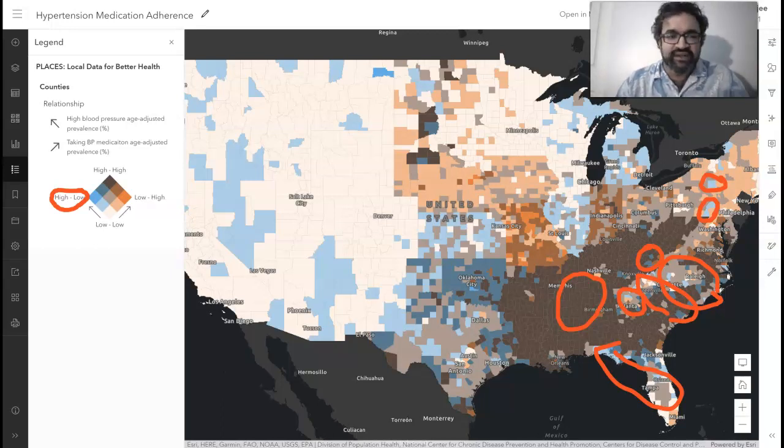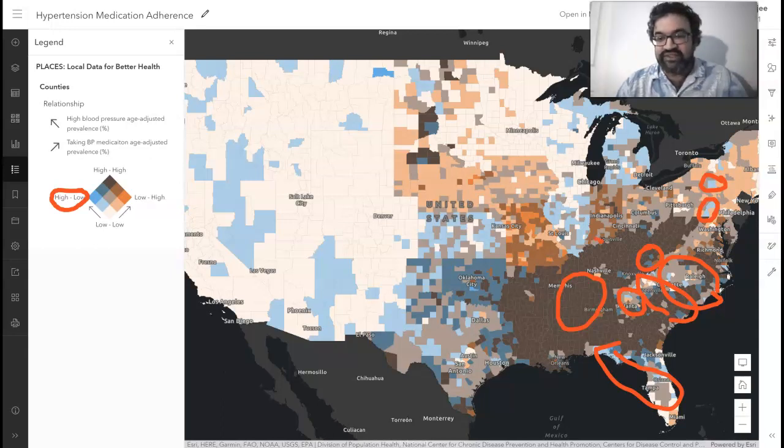Areas where there's higher blood pressure medication use and not as much blood pressure in the area, this is typically something that's good, because then people are really taking care. Maybe they're going even earlier and trying to address some of the pre-hypertension.